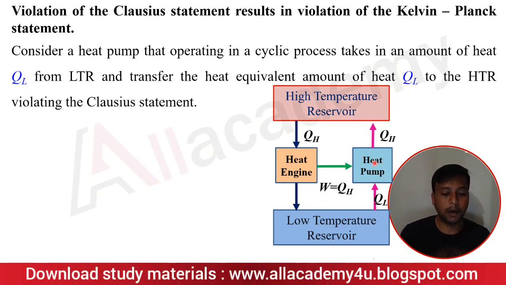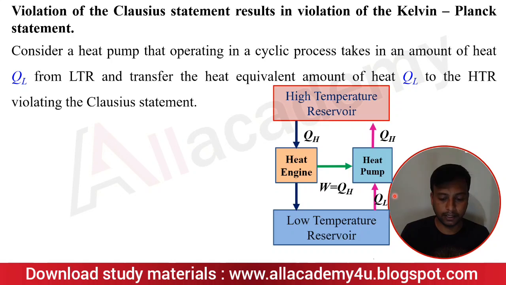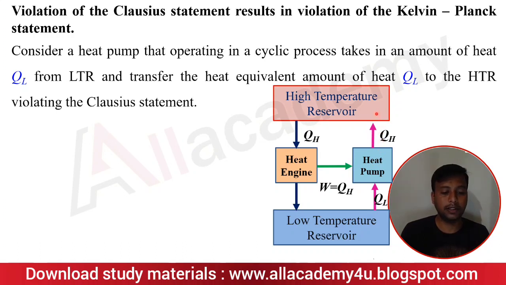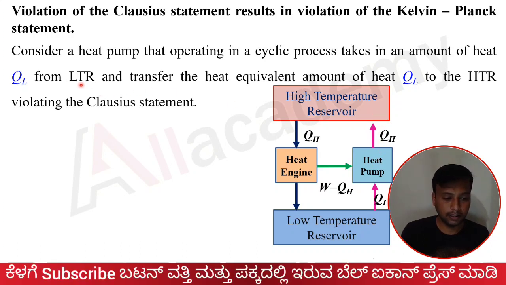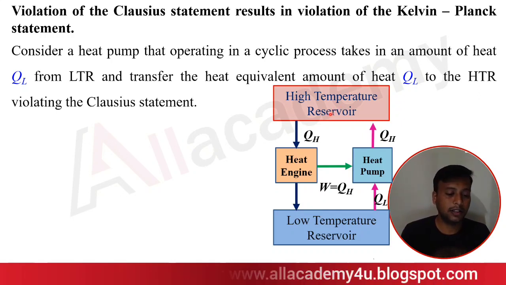Consider the heat pump operating in a cycle that takes an amount of heat QL from the lower temperature reservoir to the higher temperature reservoir. The low temperature reservoir transfers an equal amount of heat QL to the HTR, the higher temperature reservoir, which violates the Clausius statement.